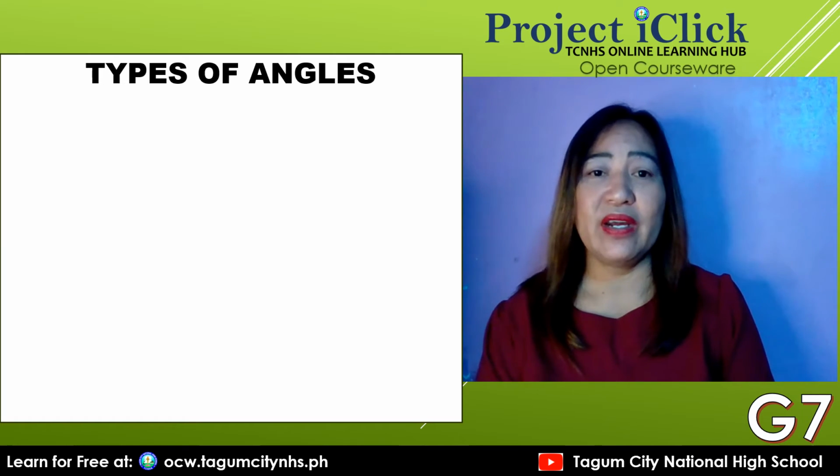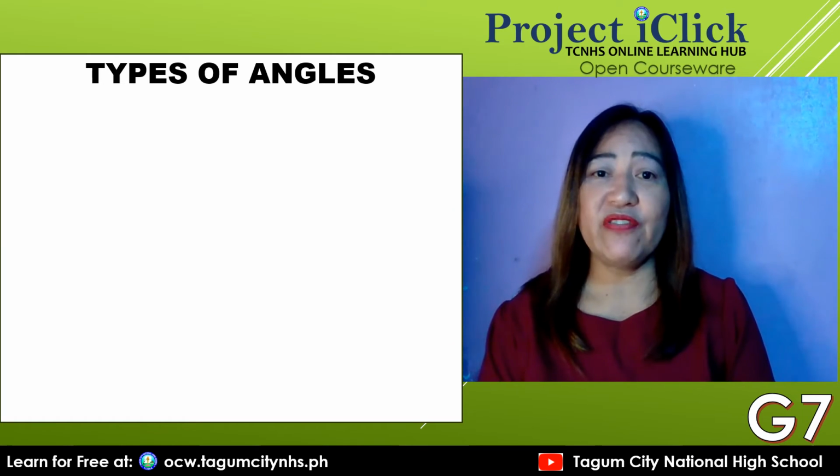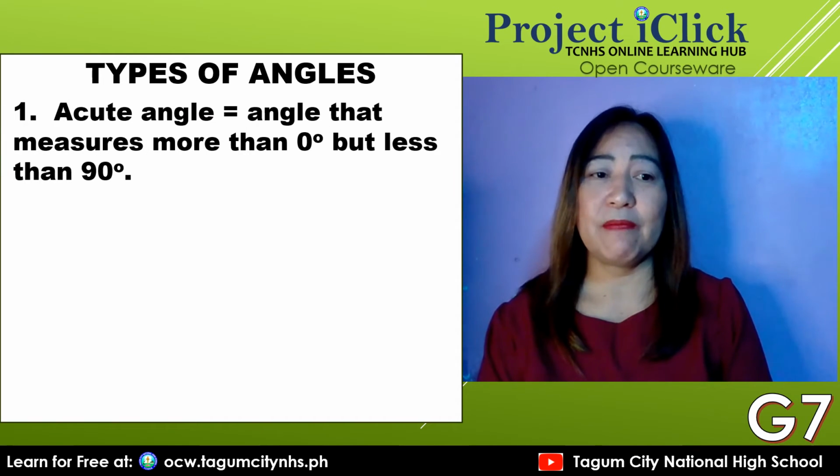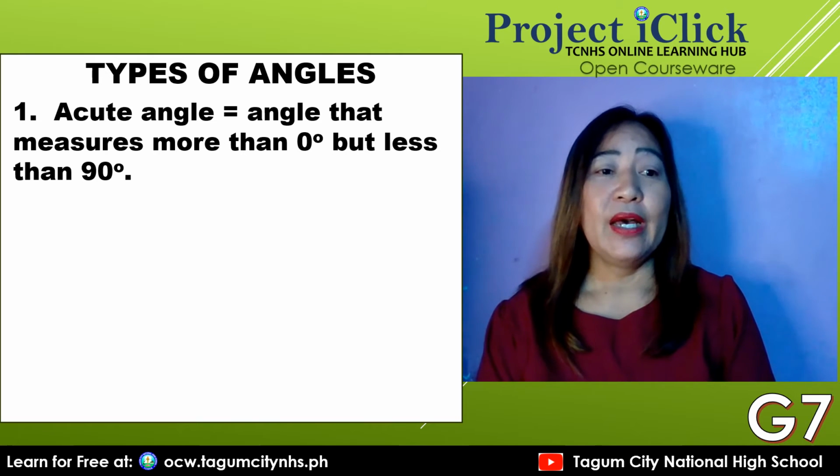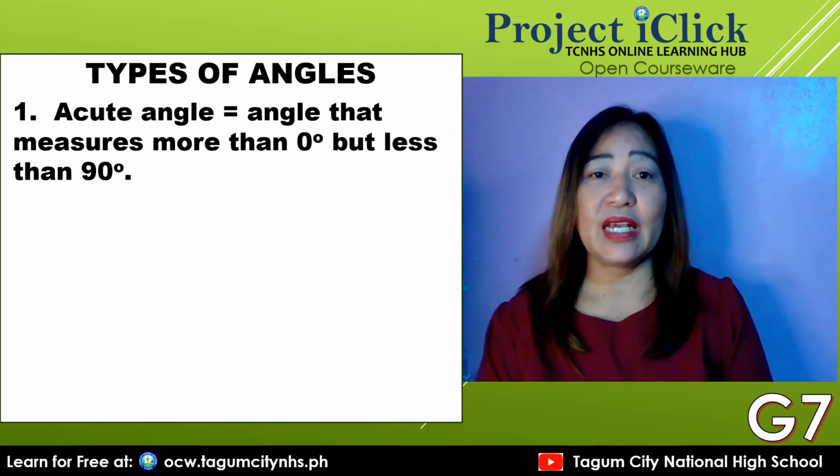So we have here the different types of angles. Note, the figures below are not meant for measuring. The first type is an acute angle. This is an angle that measures more than 0 degrees but less than 90 degrees.